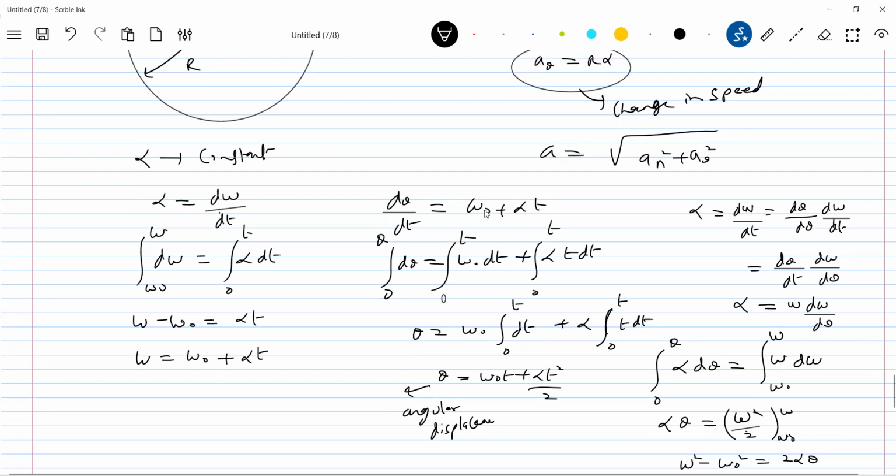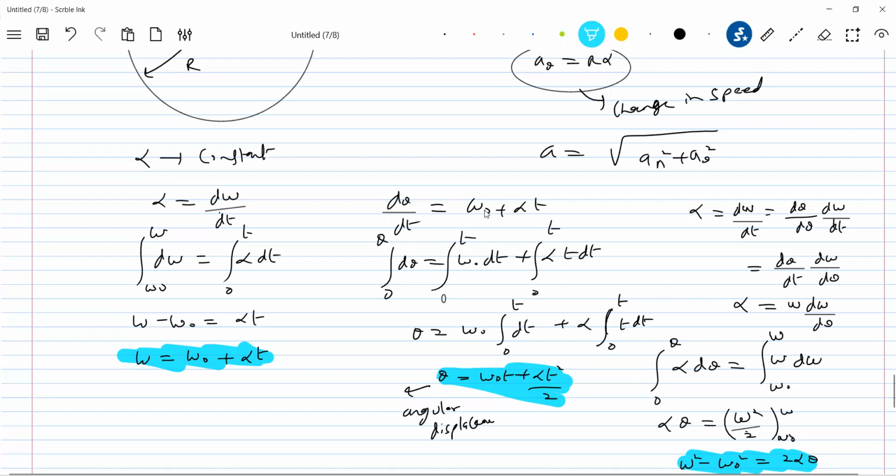So these are the formulas which, if you remember, will be easy. When are these formulas applicable? When alpha is constant, a strict condition, only when alpha is constant. When alpha is variable, these are not applicable, and then I'll go for integration, like what we did in kinematics.